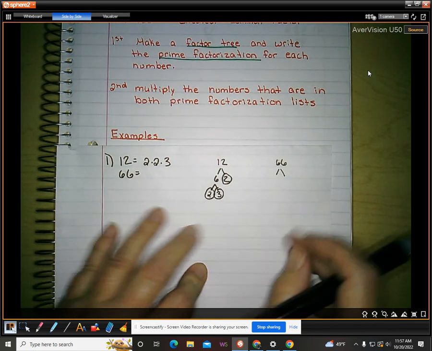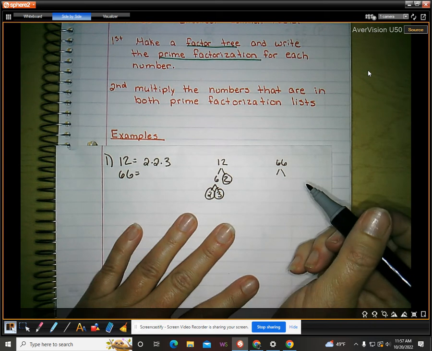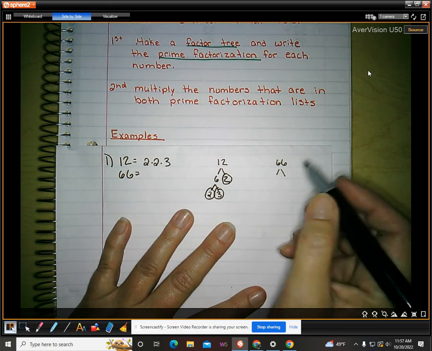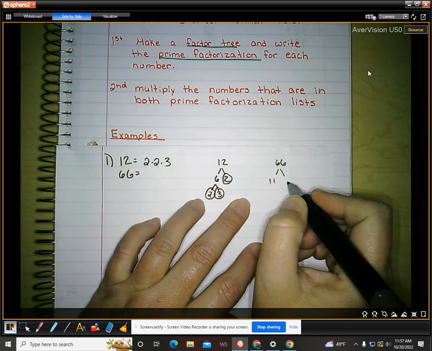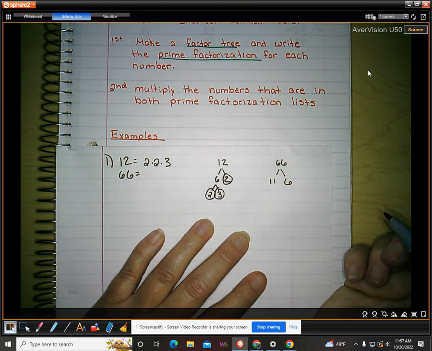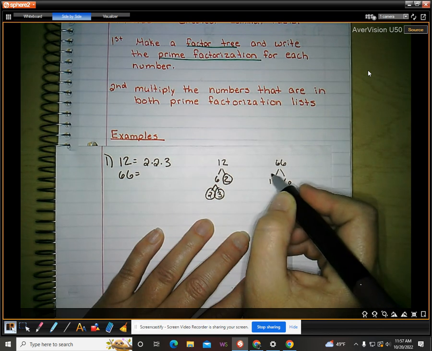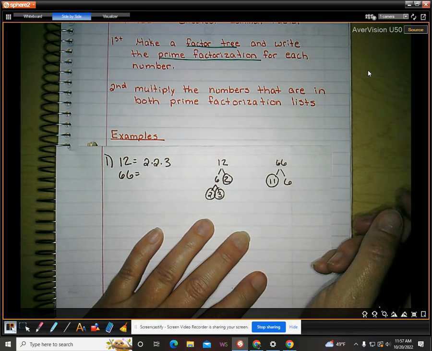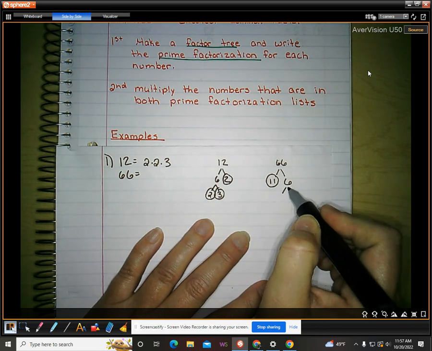66, what can I multiply to get that? Again, there's many different things, and it doesn't matter where we start as long as it gives us 66. Jordan? That's what I would do because that just seems to come easy to my head. Okay? Either of those prime? Leah? 11. You could have done 2 and 33. 6 is not prime.